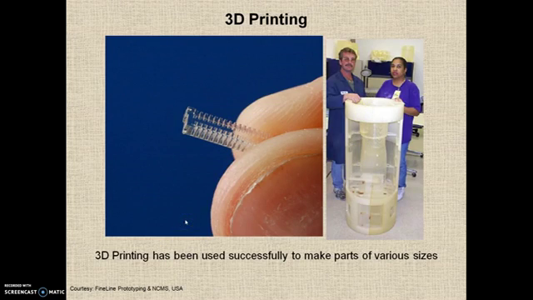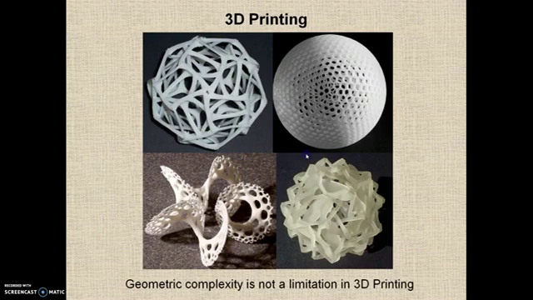So the 3D printer has been used successfully to make parts of different sizes, micro to macro. Geometric complexity is not a limitation in 3D printing, while it always plays a vital role in traditional manufacturing.